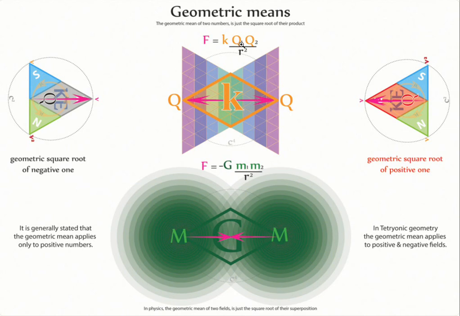Of course, it's been known for a long time that Newton formulated his inverse squared law before Coulomb formulated his. We have precise measurements for Coulomb's. We don't have a precise measurement for Newton's.